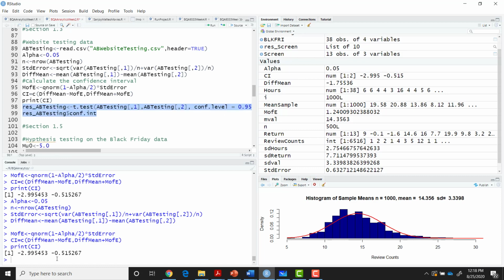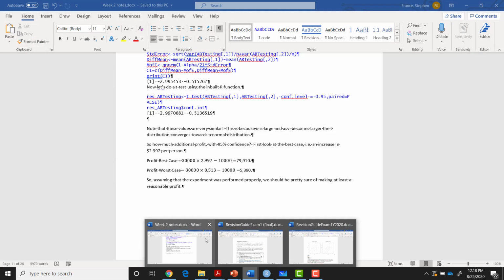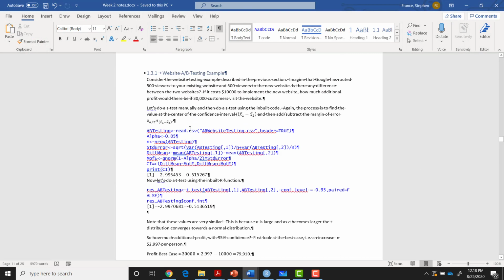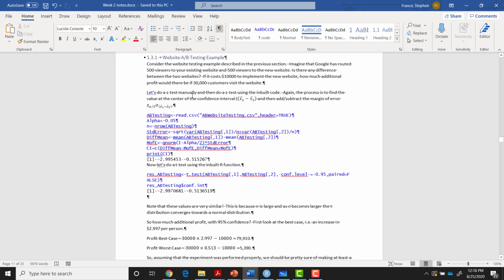So we run the t-test as before, and we have the confidence interval. And you see it's very similar to the z-test. There's a slight difference. And if you go to the notes, I actually have a little scenario. We have the difference: website 2 gets more return than website 1. But imagine it's going to cost us $10,000 to implement website 2, and we're going to have 30,000 customers.